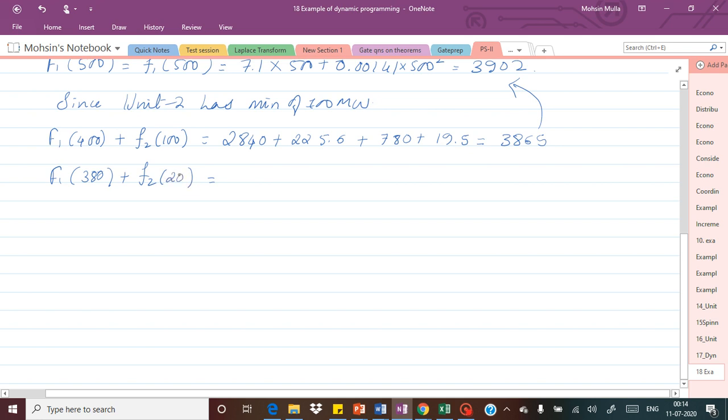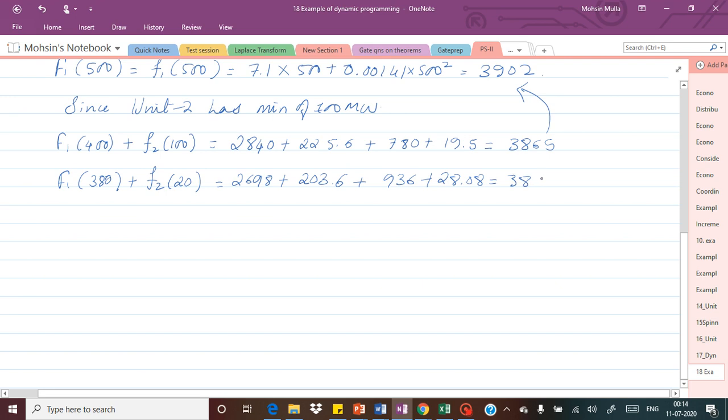It will be clear from this itself, so we need not go to a higher value. The first term gives 2698, plus the second term 203.6, plus for the P2 term 936, plus 28.08. Solving this we get 3865.68.